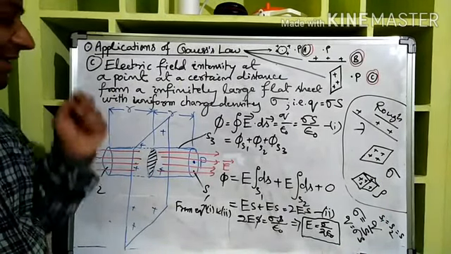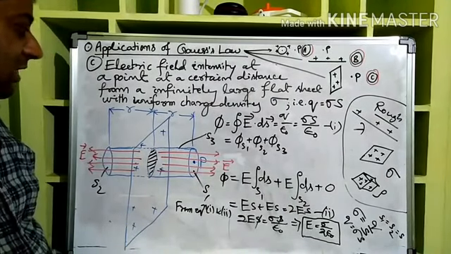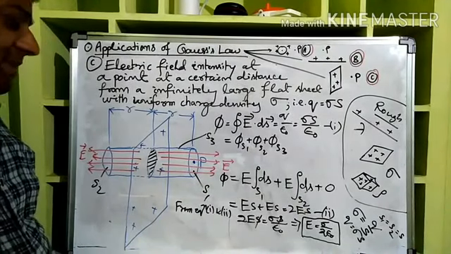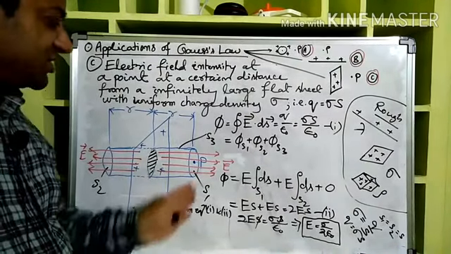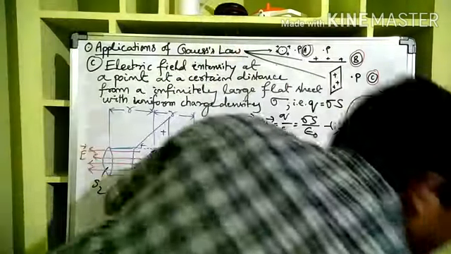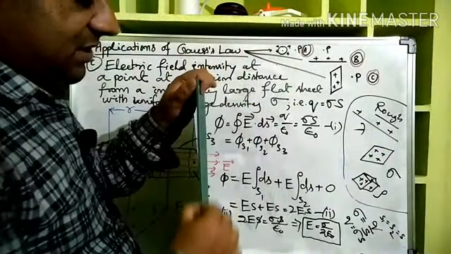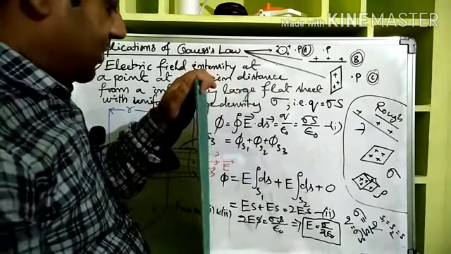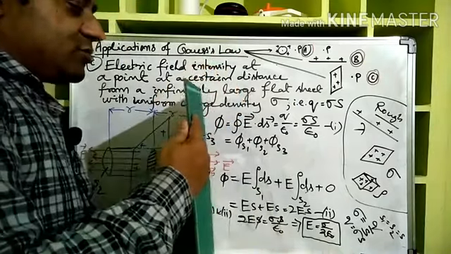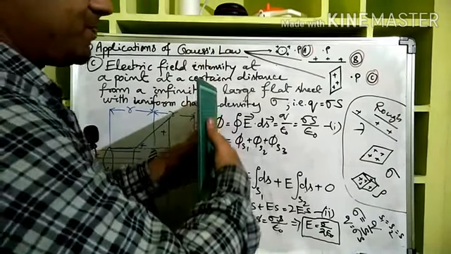Now, here there is a little understanding, and there is a special case. What happens if there is a long sheet that has some thickness as well? On this side there is a charge q, and on this side also charge q with the same distribution of sigma.